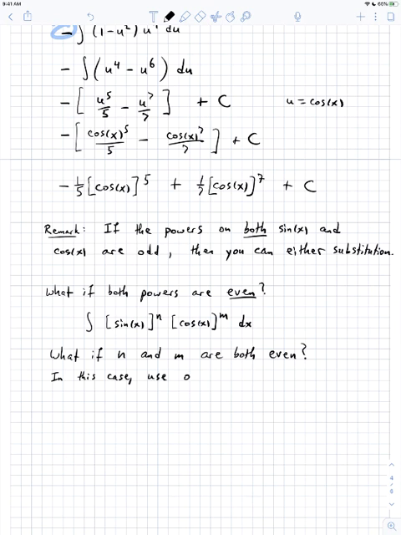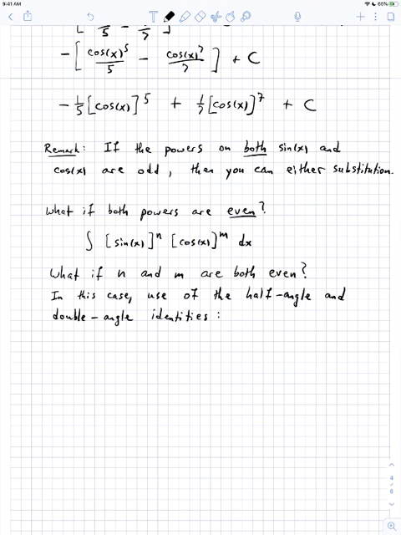we make use of the half angle and double angle identities. So here are the ones that you generally use. You might have something like sine x quantity squared is going to be 1/2 times 1 minus cosine of 2x.